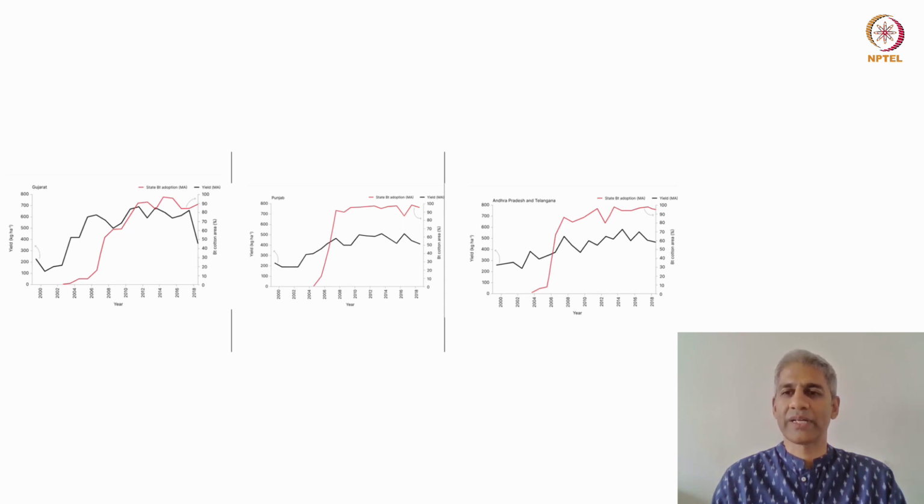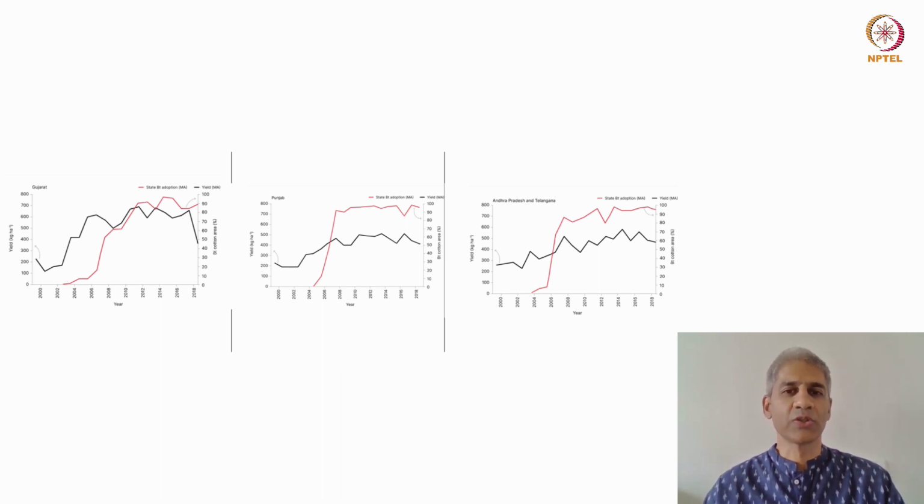They have grown quite slowly, even though most of the land is under BT cultivation. So, out of three states, two of the states don't really show a huge jump in yield, even though most of the land is under BT cultivation. One state, Gujarat, does show a jump in the yield.